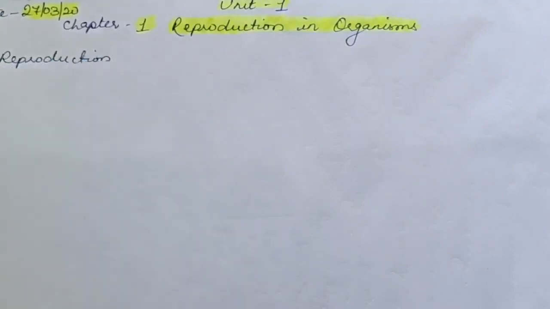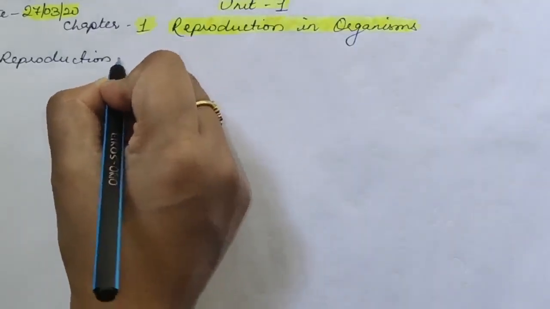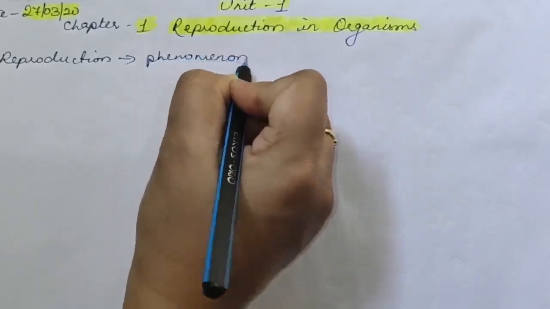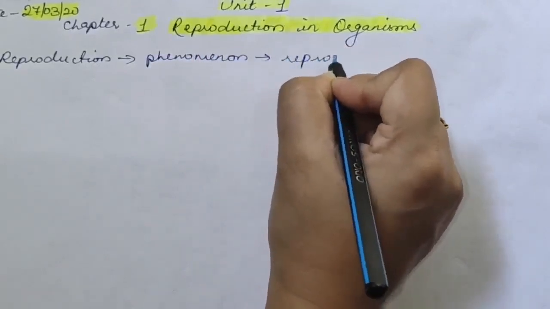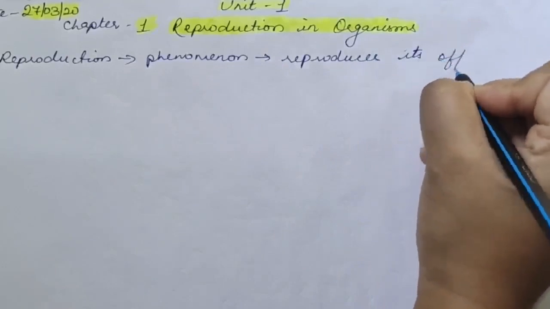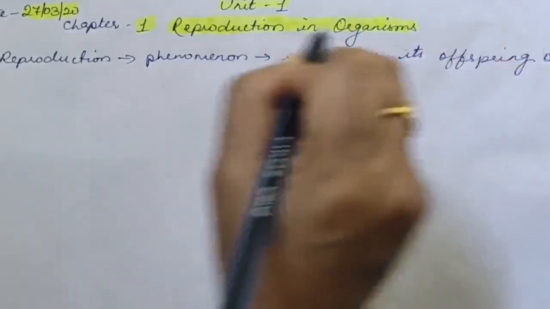is one of the main physiological activities which are essential criteria for living organisms. Reproduction can be defined as the phenomenon by which an individual reproduces its offspring, which is also called as progeny.